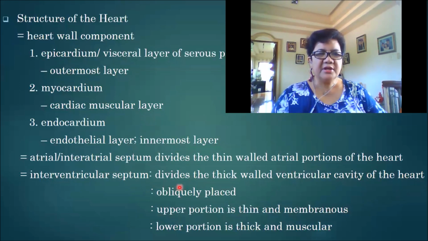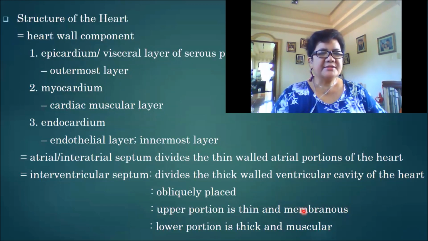The interventricular septum is obliquely placed, and a significant characteristic of it is that the upper portion is thin and membranous, and the lower portion is thick and muscular. What is the clinical indication here?